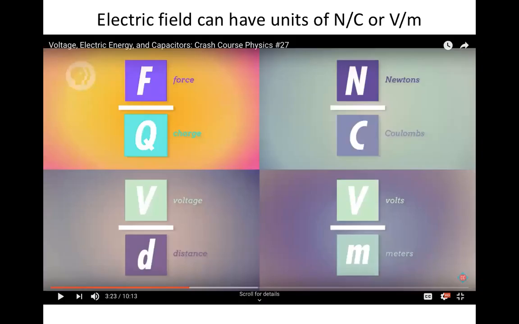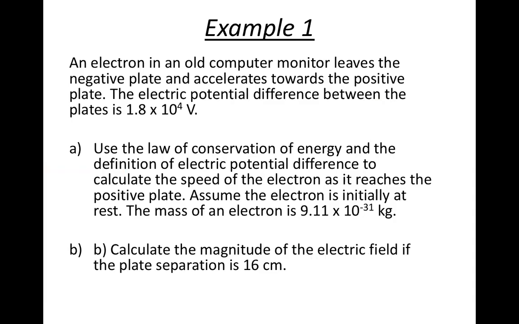And again, if you're a little confused as to how the electric field units could be newtons per coulomb or volts per meter, it might be good to check out the Crash Course in Physics video on this topic that I mentioned, because it explains it fairly well.